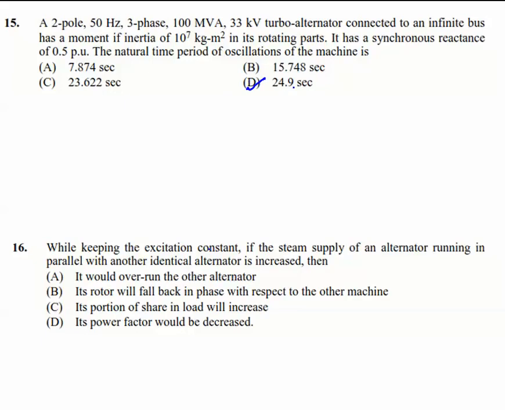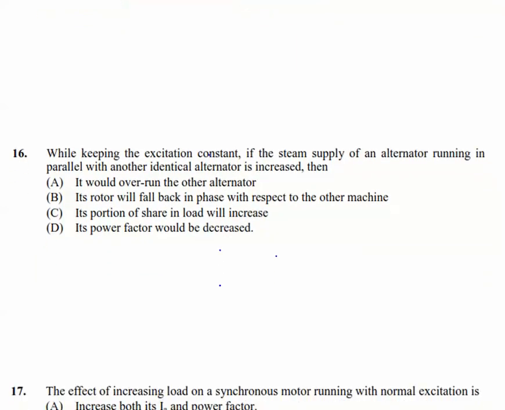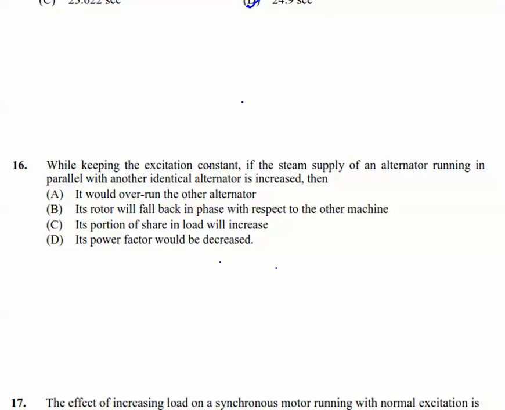And the next question, the 16th one: while keeping the excitation constant, which means the kVAR is constant, if the steam supply of an alternator running in parallel with another identical alternator is increased, that will cause an increase in kilowatts, that is, the power supplied by the machine will increase.